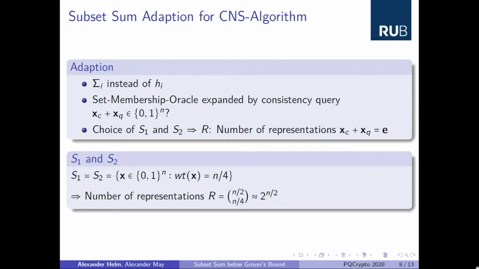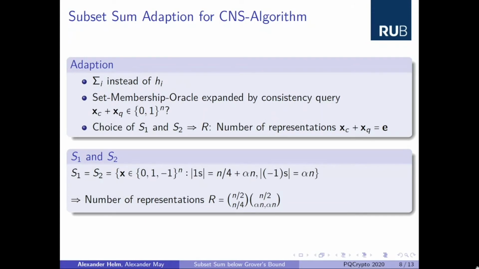So for a unique solution, we have n-half over n-fourth many representations xc plus xq. This can be further improved with -1 entries. So with these -1 entries, every 0 entry of the unique solution can be represented as a sum of 0 plus 0, -1 plus 1, or 1 plus -1. So there are more representations now by the use of these -1 entries.